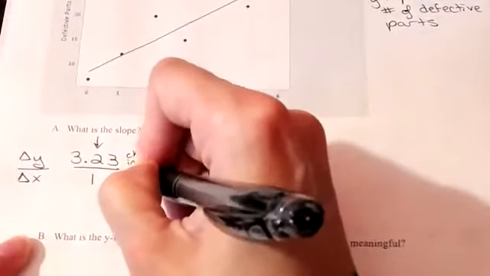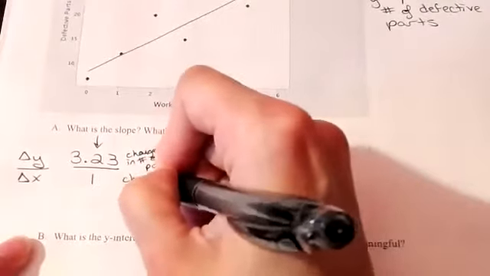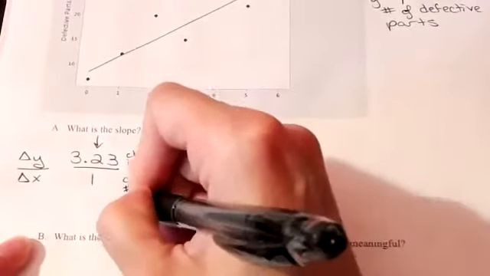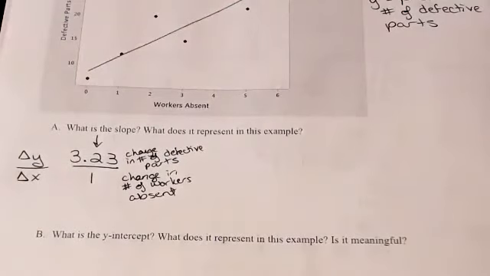So the change in number of workers absent. It's always helpful to label each piece of your slope so that we can write a statement that explains what's happening. Now, they're both positive numbers. 3.23 defective parts for every 1 worker absent.